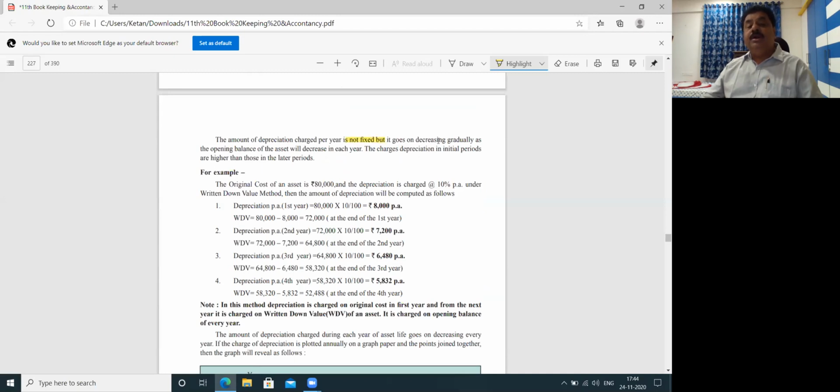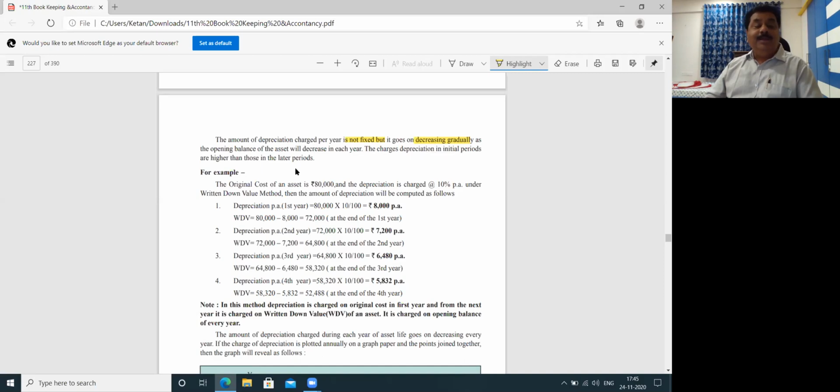But it goes on decreasing gradually as the opening balance of the asset decreases each year. The depreciation charged in the initial periods is higher than in the later periods. But initially depreciation ज्यादा होगा, लेकिन धीरे धीरे आपका depreciation का amount कम होने वाला है.